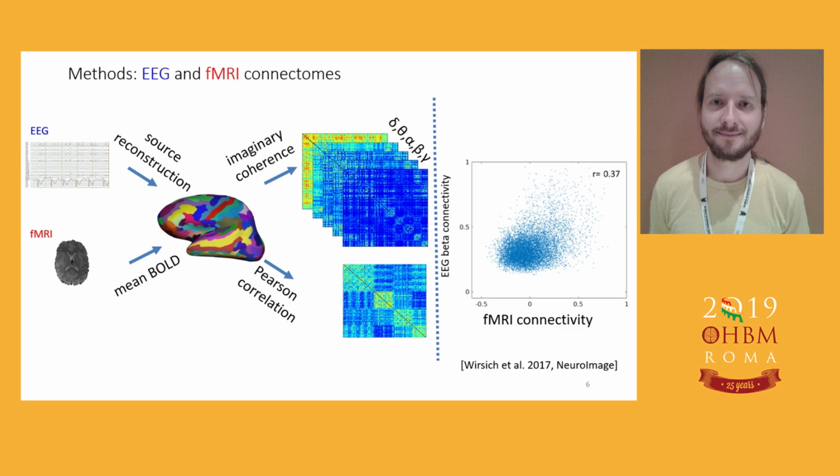Then we can derive connectomes for the EEG in the different canonical frequency bands, and for the fMRI using Pearson correlation. What is shown there is that those connectivity measures are correlated between each other, so each dot signifies one connection in one of those connectomes.